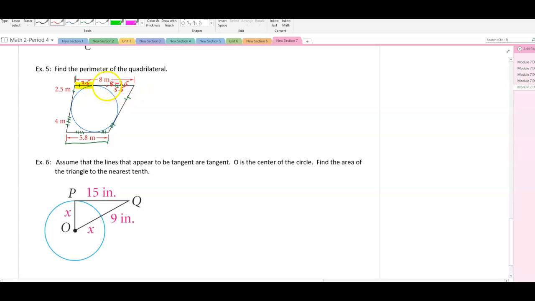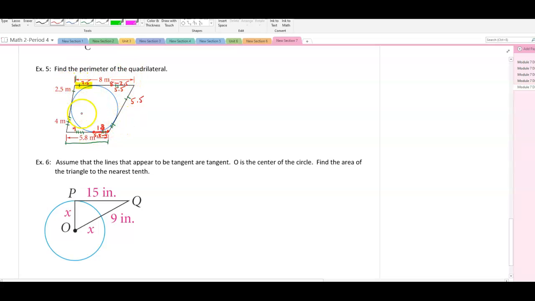Right away, if this is 5.5, this is 5.5. Now again, if this is 4, this piece is 4. Now to find this piece, I'm going to do 5.8 minus 4, which gives me 1.8. How can I find the perimeter now then?